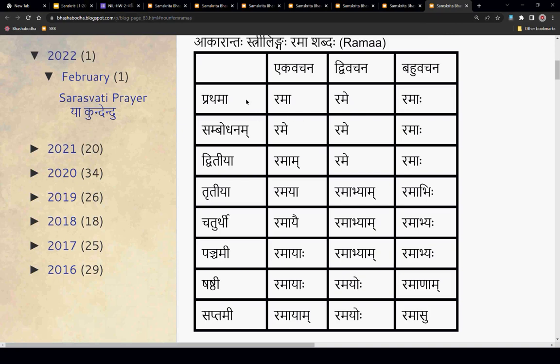So what other examples are there which are ending in A, Strilingam? Any other examples in Strilingam? Lata and Sita.